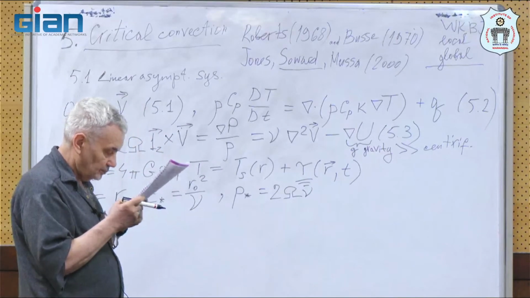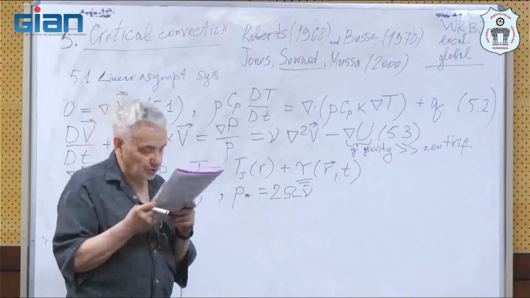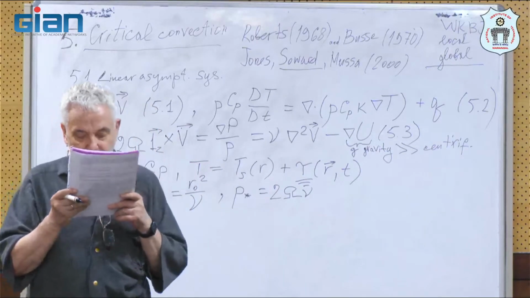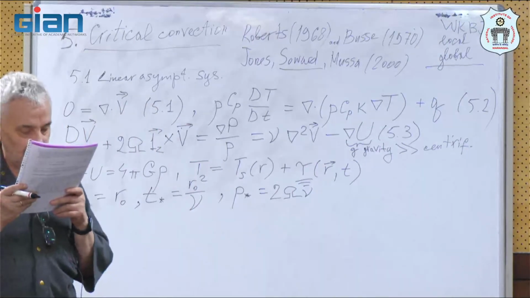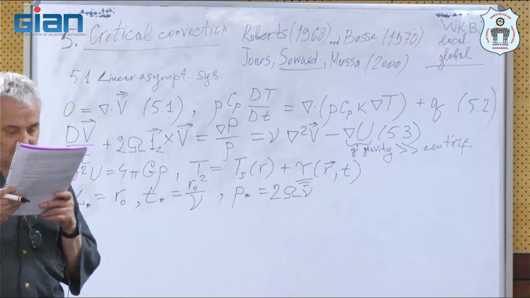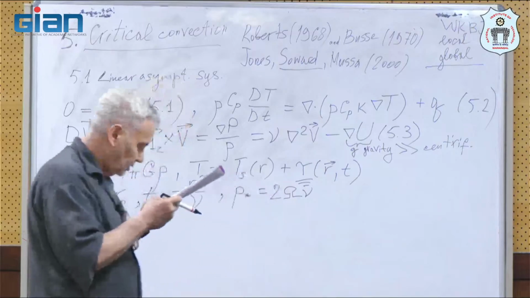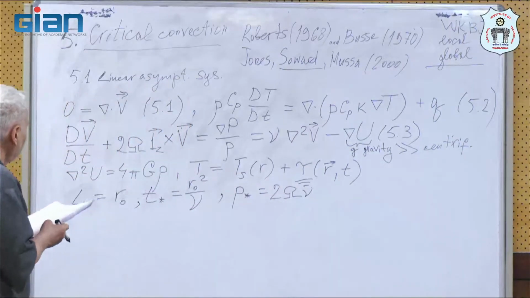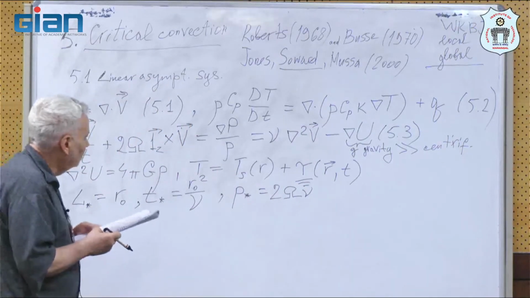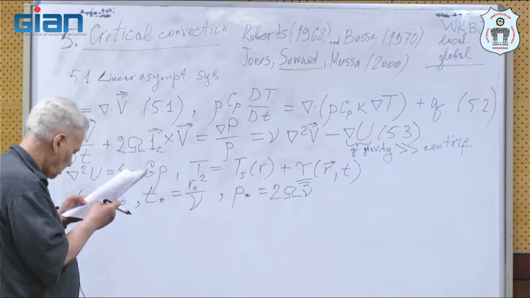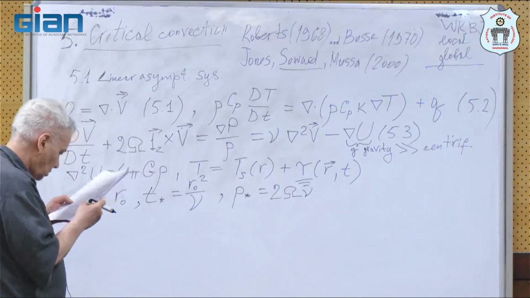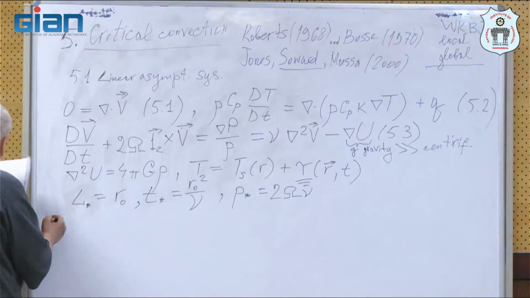And then, using these units of measurement together with the above parameter, we obtain the dimensionless linearized system of Boussinesq equations. Okay, will it fit here? I'll try to fit it here, but I'm not sure that it will fit. Okay, let's try.